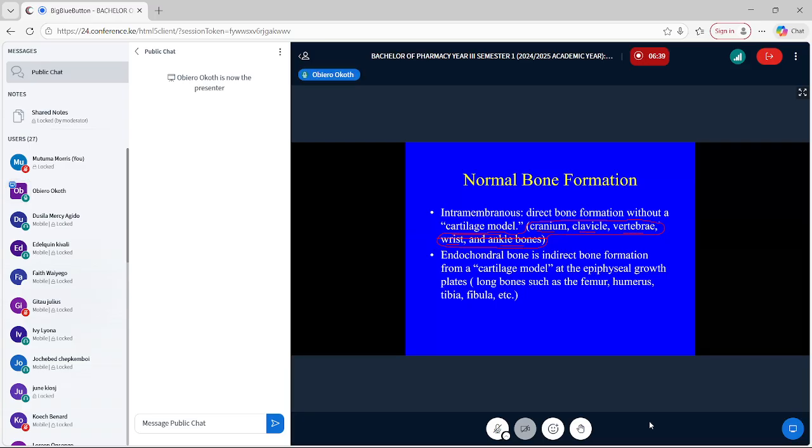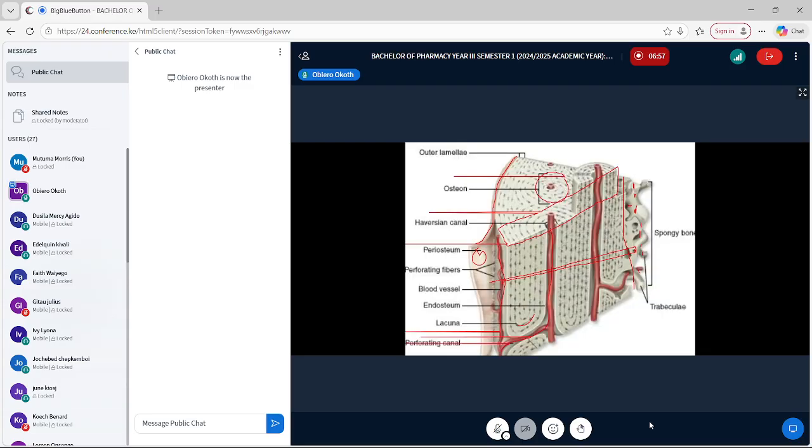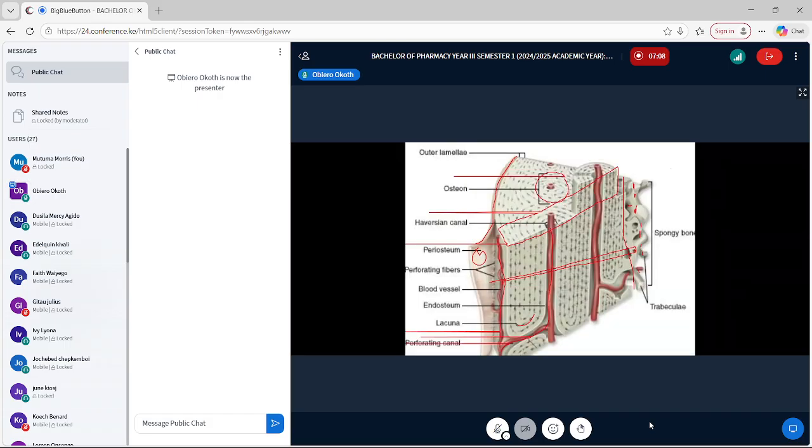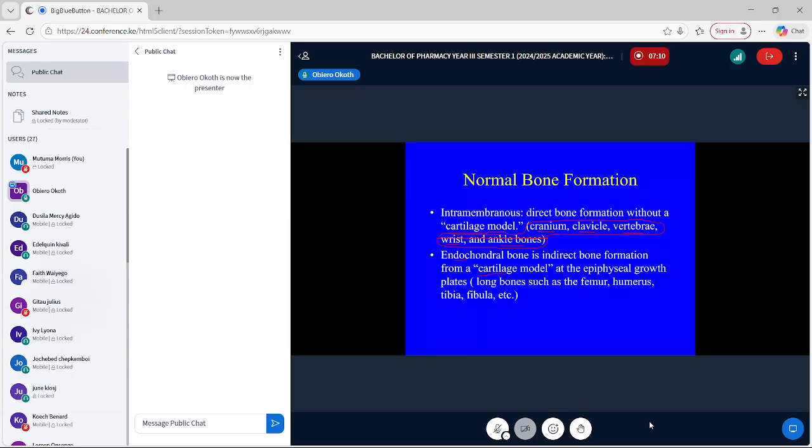Okay, axial bones. Now, endochondral bone means you form a membrane, then you convert it to cartilage, involved as the cartilage at the epiphyseal plates, at these plates. So you form a structure, convert it to cartilage, then convert this cartilage into bone.